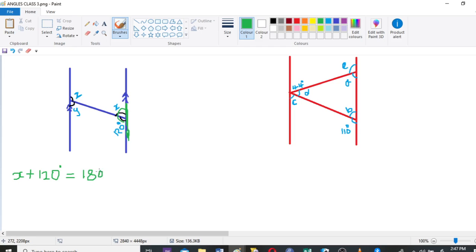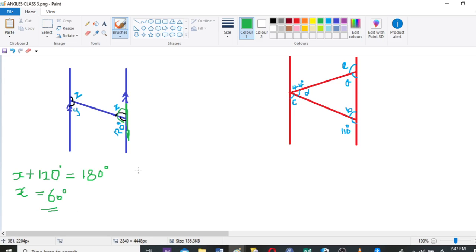That means the value of x is just going to be 180 minus 120, isn't it? So we're just getting 60 degrees. Okay, so that is the value of x.